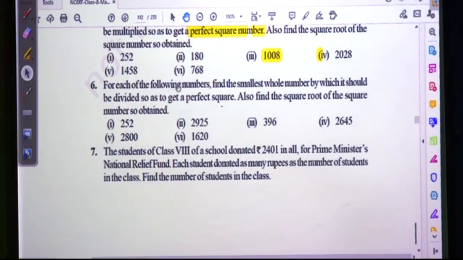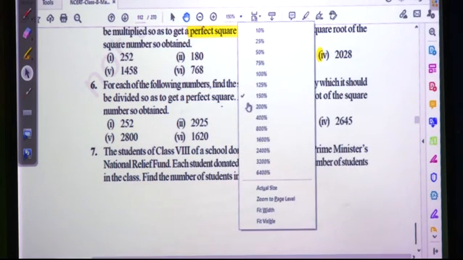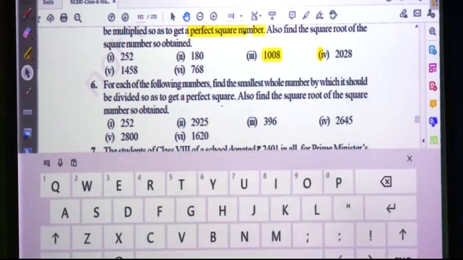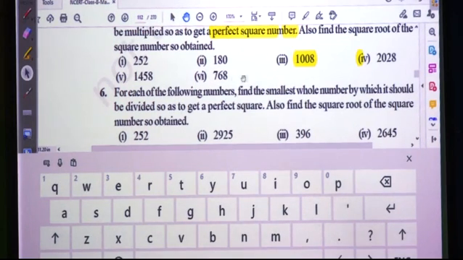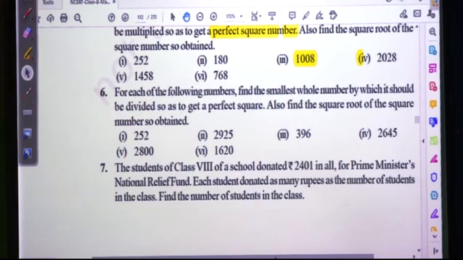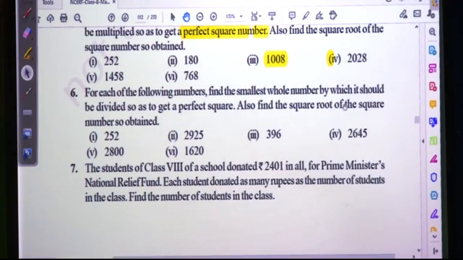For each of the following numbers, find the smallest whole number by which it should be divided so as to get a perfect square.